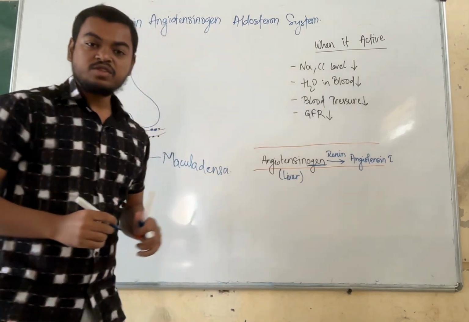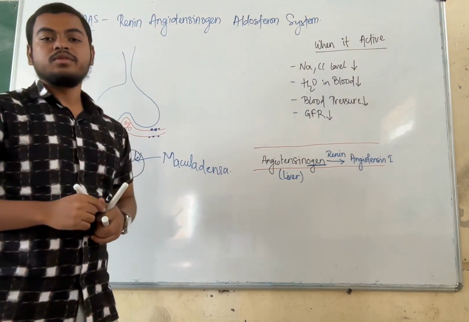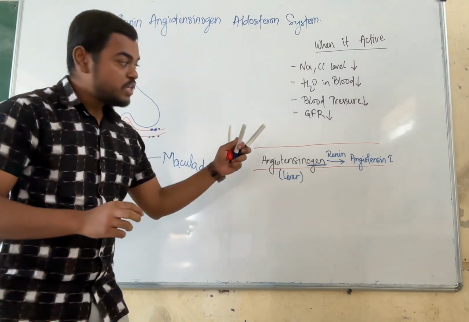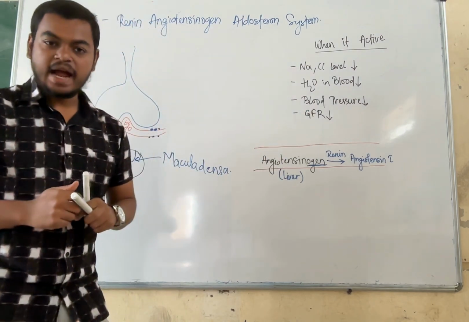Angiotensin 1 is also only a partially active protein, so we have to further activate it.